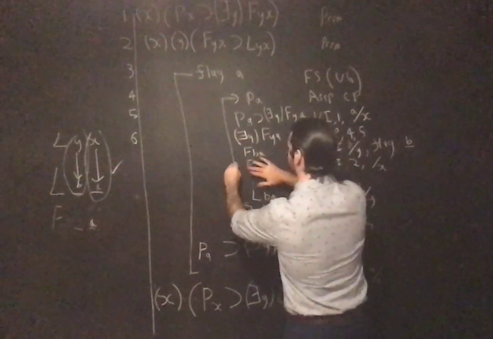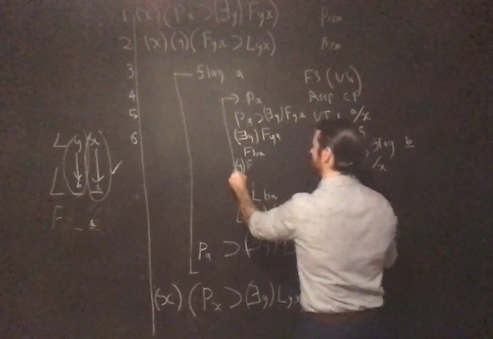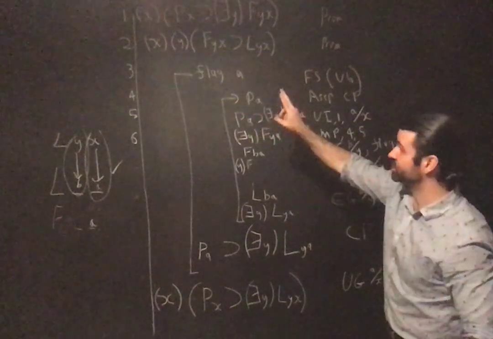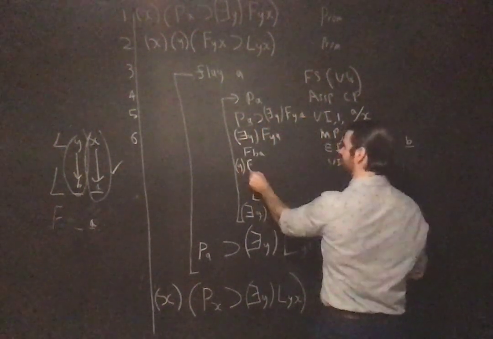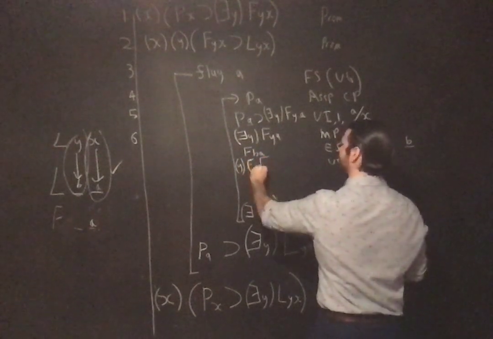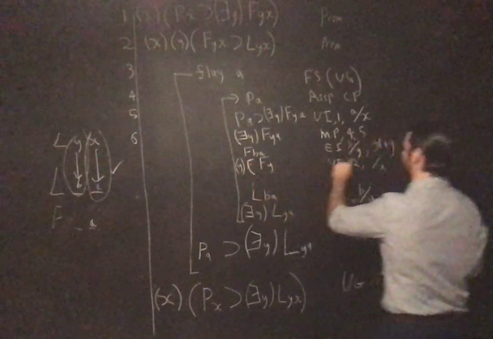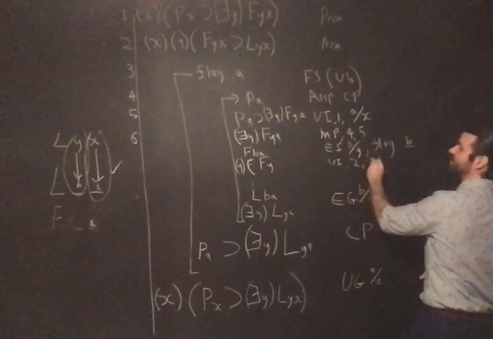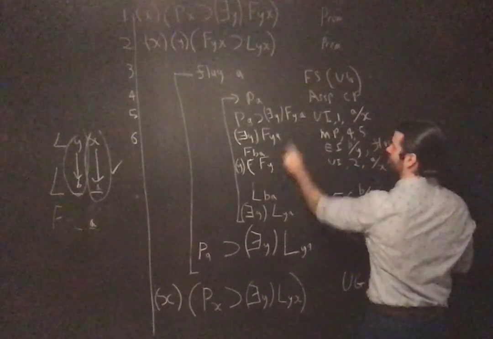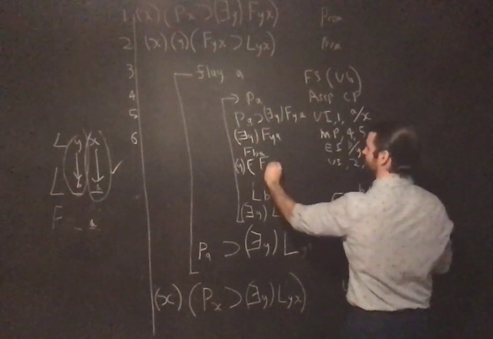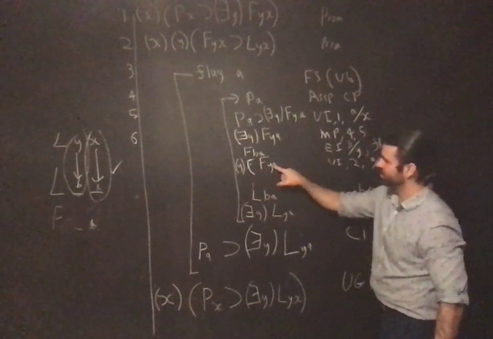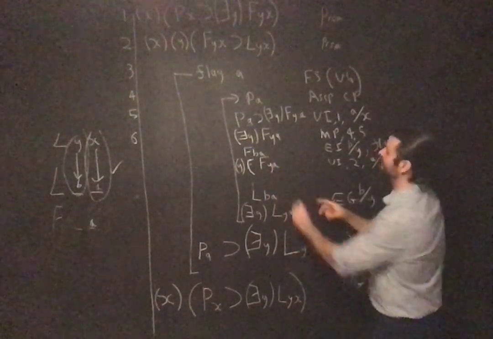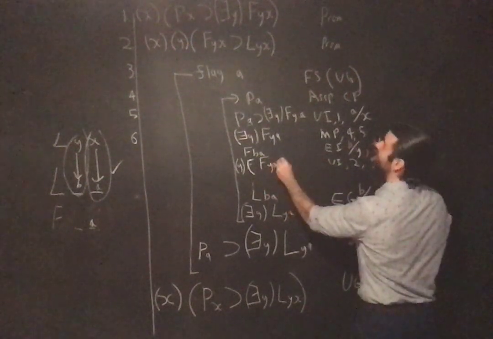The result is for all Y, F, Y, and I'm replacing the X with A, because I want FYA. I want this to become FBA. And so that matches.